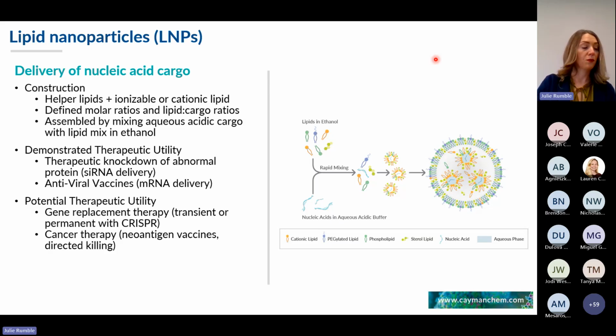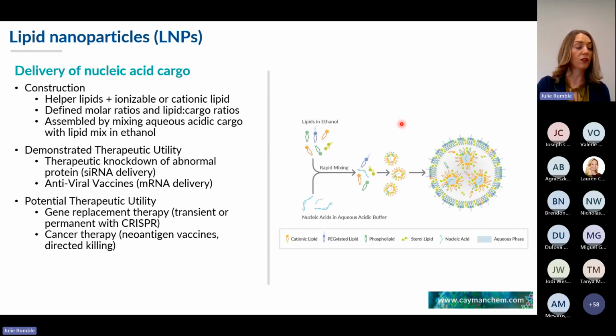LNPs are assembled by the rapid mixing of an aqueous nucleic acid solution with an ethanolic lipid solution, allowing the particles to self-assemble. This unique process allows LNPs to effectively encapsulate and protect the cargo, ensuring its efficient delivery into target cells.